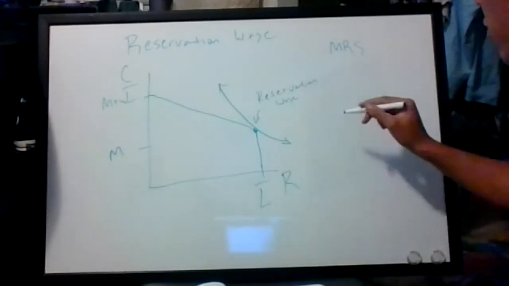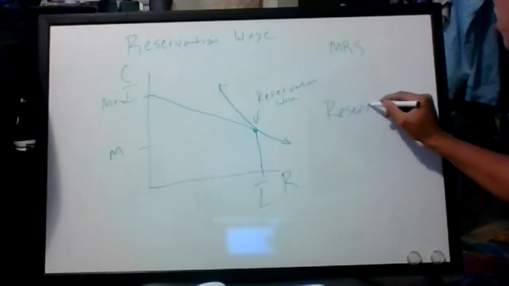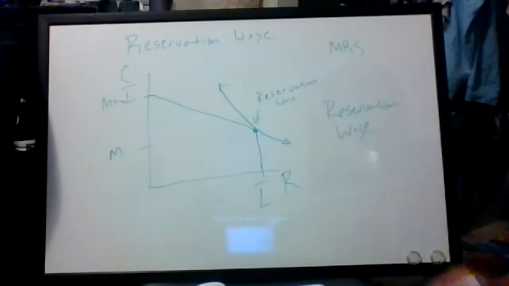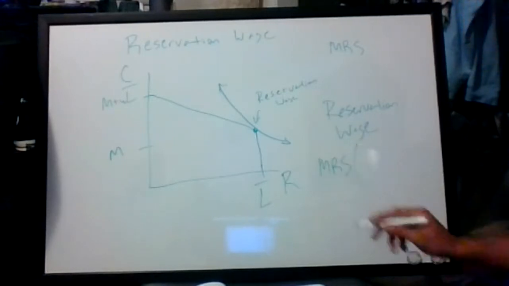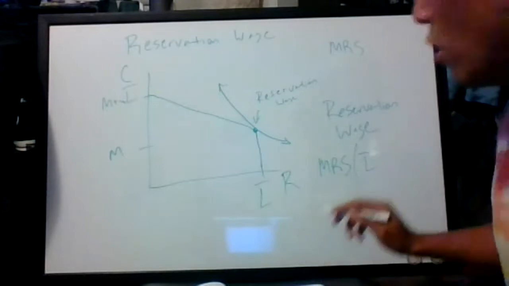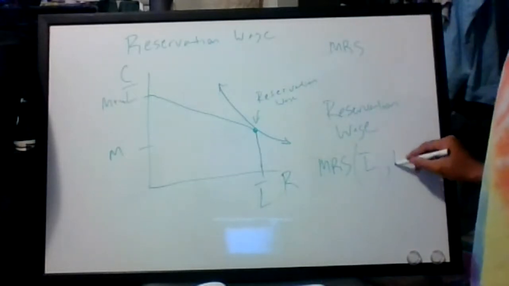And so the reservation wage is going to be the MRS at the point where we're working 0 hours. So at L bar, comma, M, right?